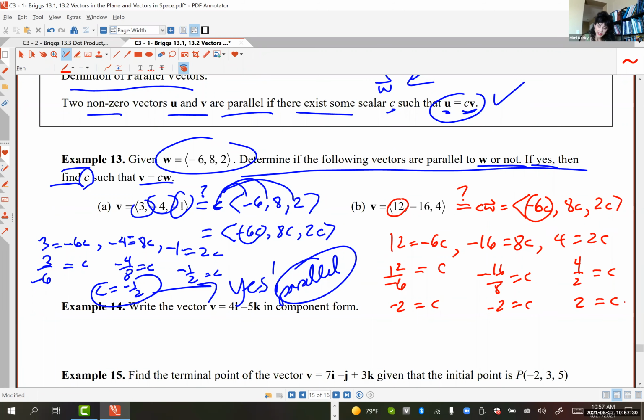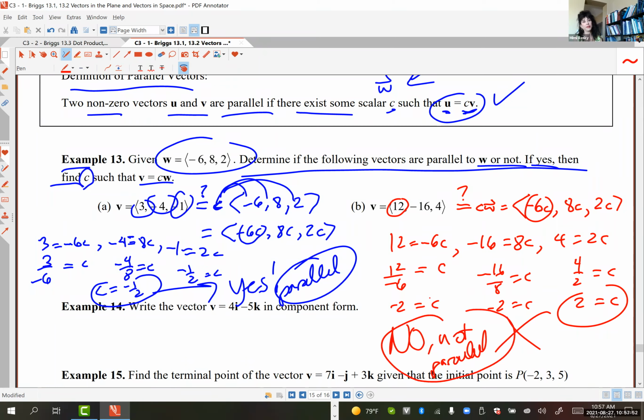Do all of these C's look like they are equivalent? No. One of them is positive and the other 2 are negative. So no, not parallel. Because if even one of them is not equivalent, you're done. You don't have parallel vectors.